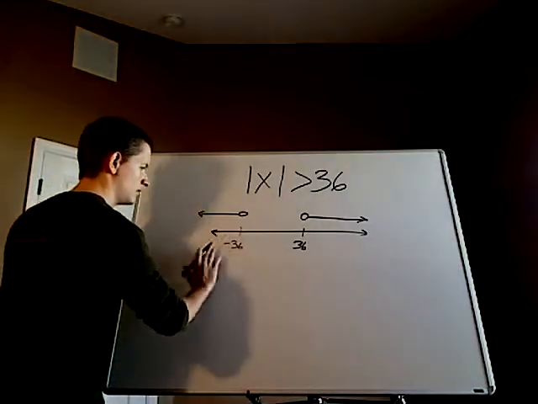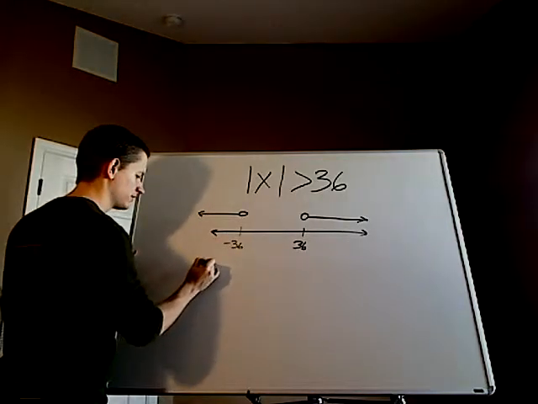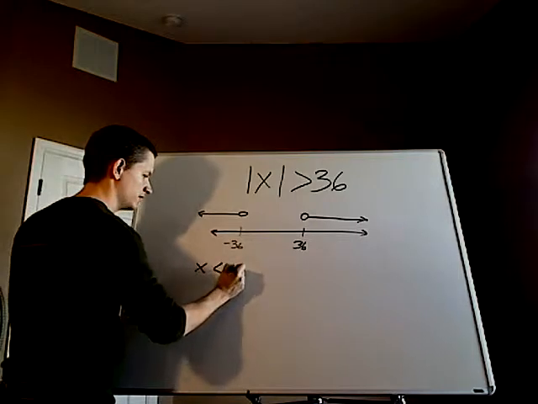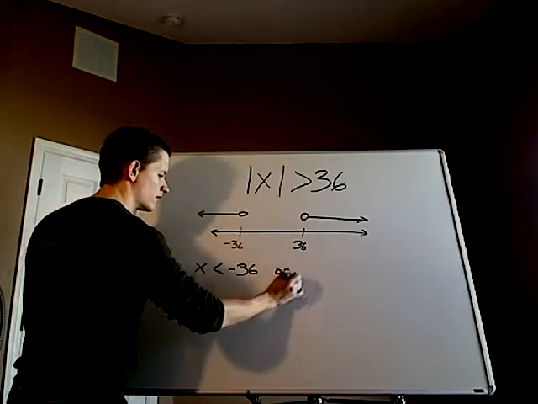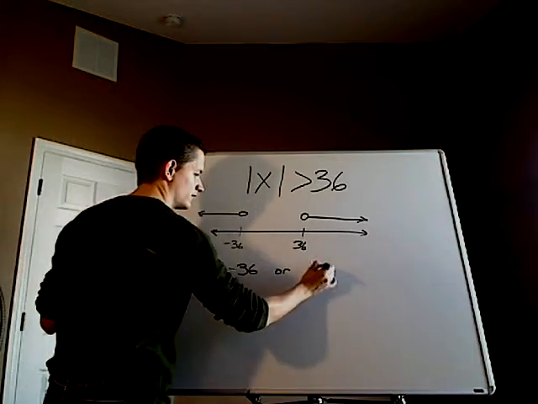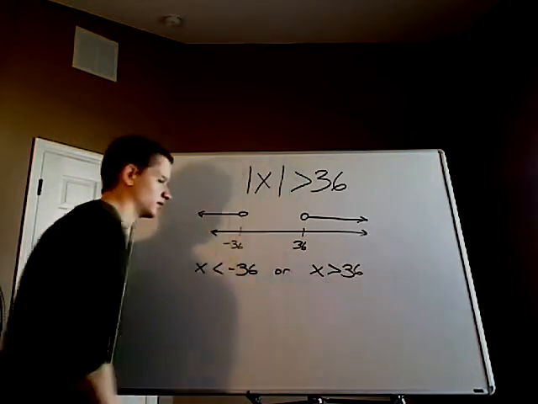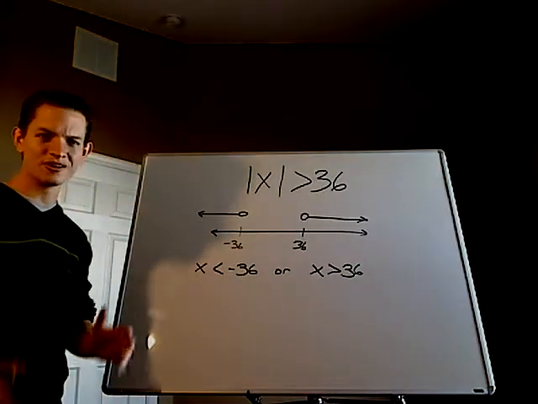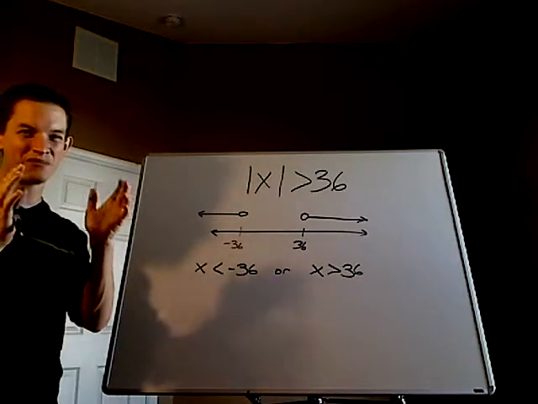I have it drawn out, and then I can separate it. So I have x is less than negative 36, or x is greater than positive 36.